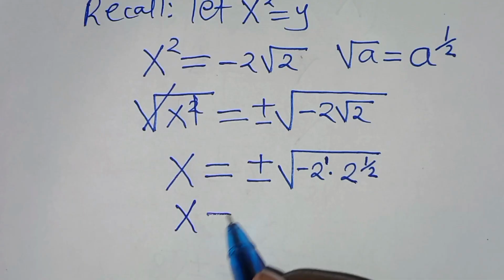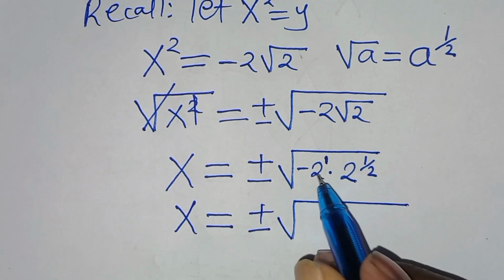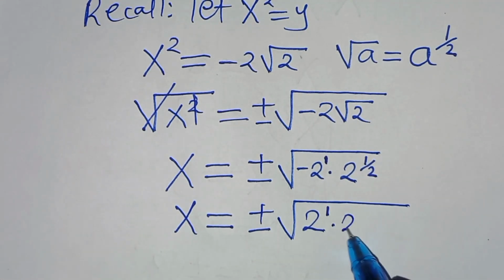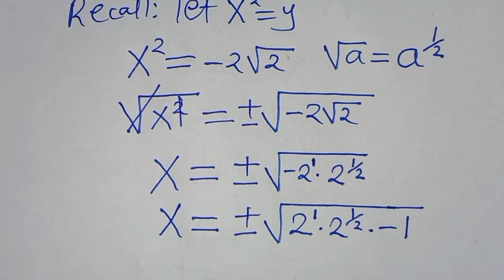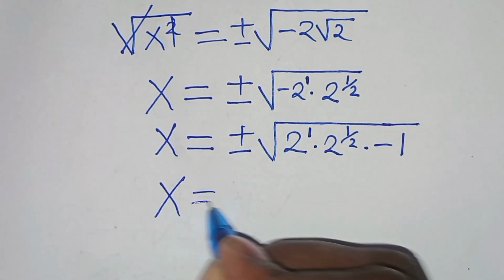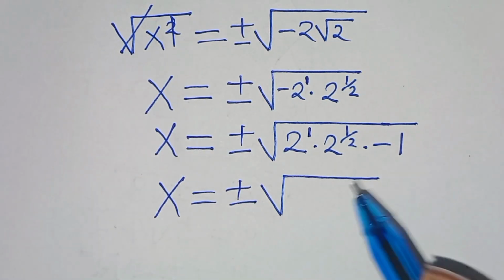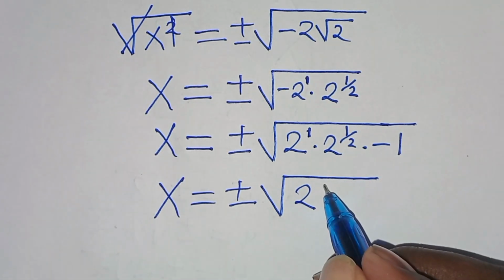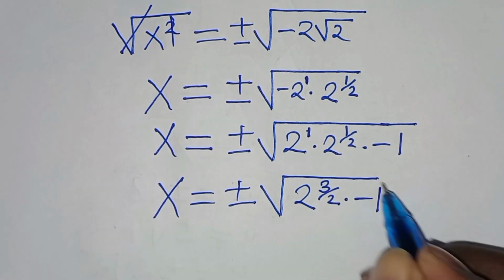So x will be equal to plus or minus the square root of, this can be expressed as 2 to the power 1 times 2 to the power half, then times minus 1. Therefore, x is equal to plus or minus the square root of, now this is 2 raised to the power 1 plus half, so that we have 3 over 2, multiplied by negative 1.